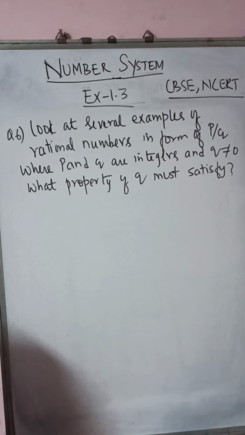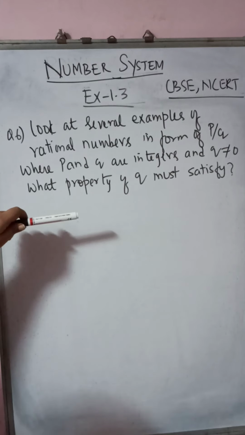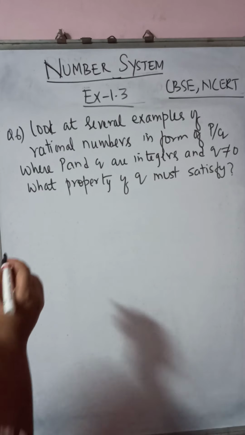So in this question, what we need to find is what the property of q should be so that the number has a terminating decimal. The question is about terminating decimals.